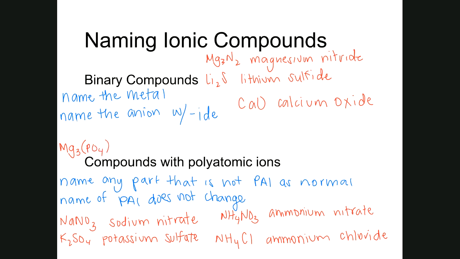So just to make sure that this is hitting home, if we look at our example Mg3(PO4)2, this contains a polyatomic ion. Magnesium stays the same. And then phosphate stays the same. So it doesn't matter here that we have parentheses. It's still named according to the same rules. So now let's see what happens if we throw in a transition metal.